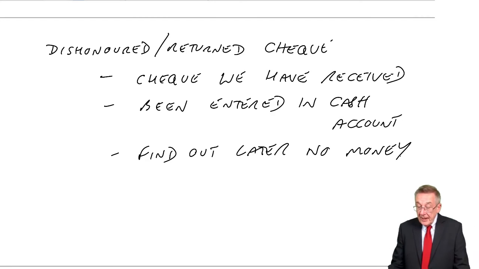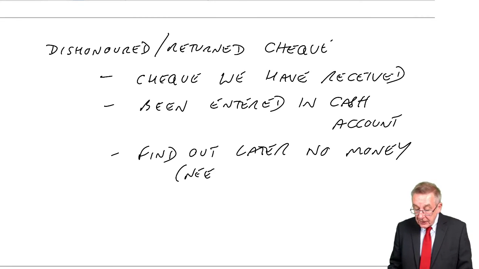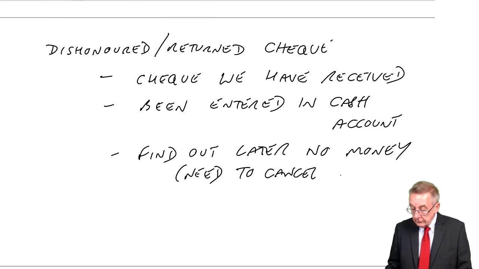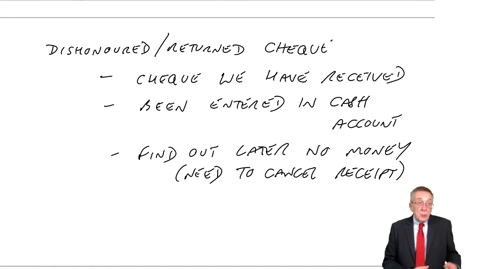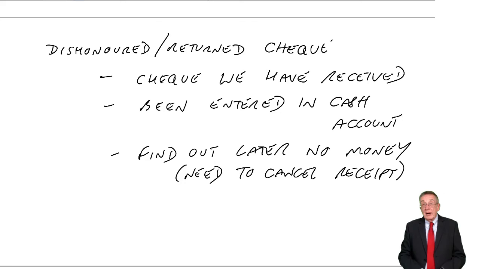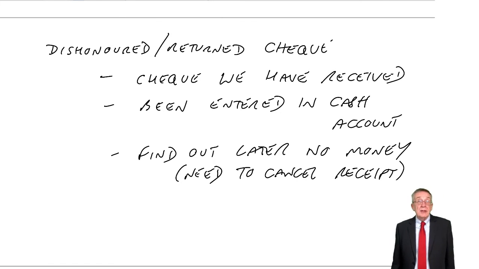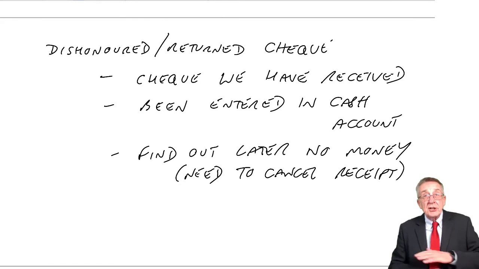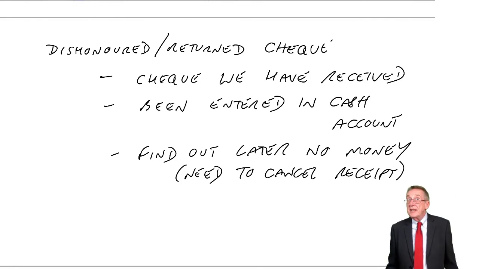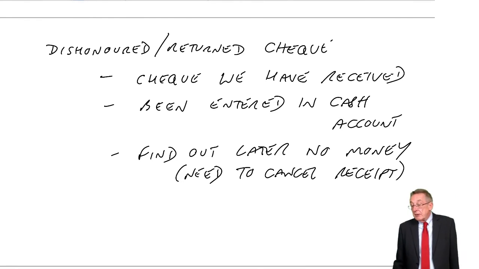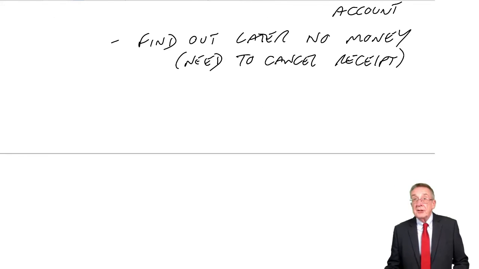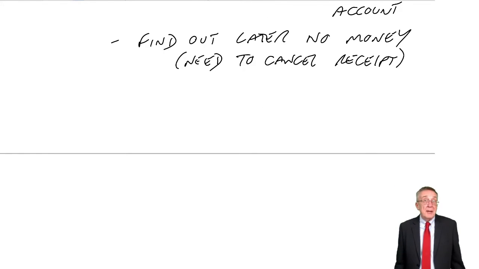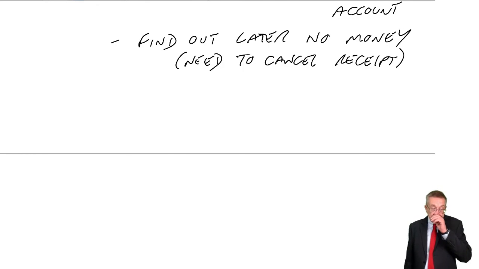And so as you'll see, we need to cancel the receipt. We enter when we receive the cheque, so we've debited cash. We think we're all right. Find out a week later there is no cash. Well, we need to credit cash just to cancel it because there was no receipt. And of course, completely separately, I'll start chasing you or whoever wrote the cheque. And maybe you end up being an irrecoverable, but that's a separate issue.